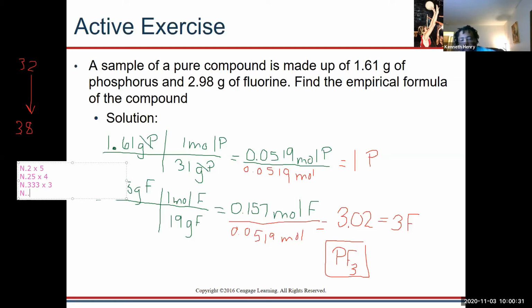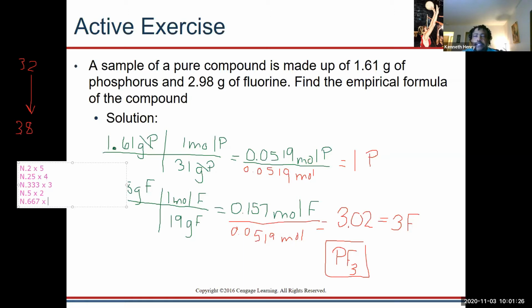Okay. If it's 0.5, what can I multiply 0.5 by to give me a whole number? That's right, 2. What about 0.667?